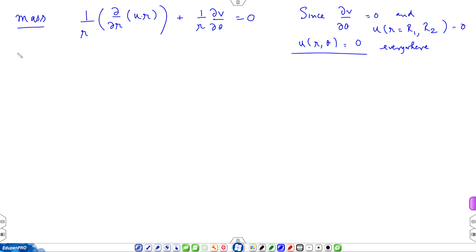So, let us write the r momentum equation. There is that little calculation of going from the symbol del to the appropriate coordinate system.